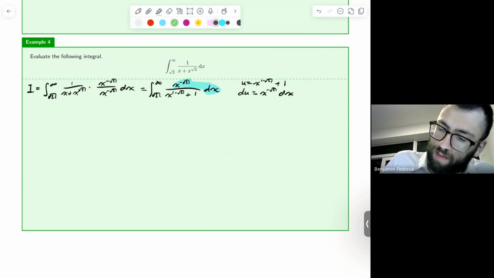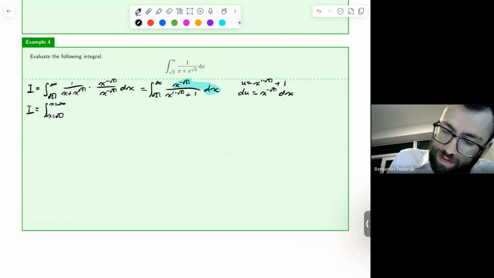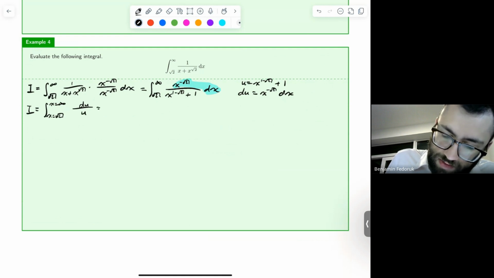I'm going to leave the bounds in terms of x because I feel like it's easier for this particular integral. So we're going to leave it as x is root 2 and x is infinity. So what we'll get is that whole top, that blue thing, is going to be du. And on the bottom, we have u. That's easy, isn't it?